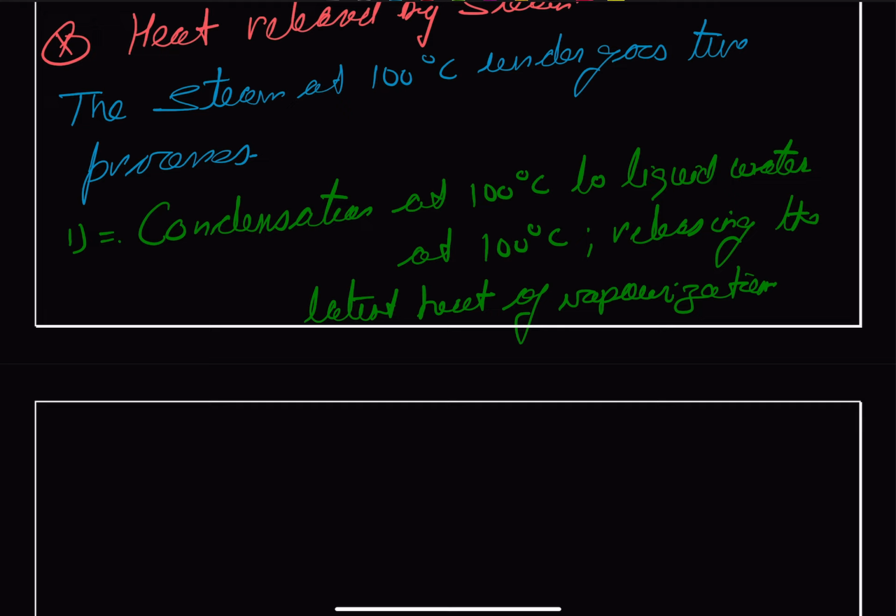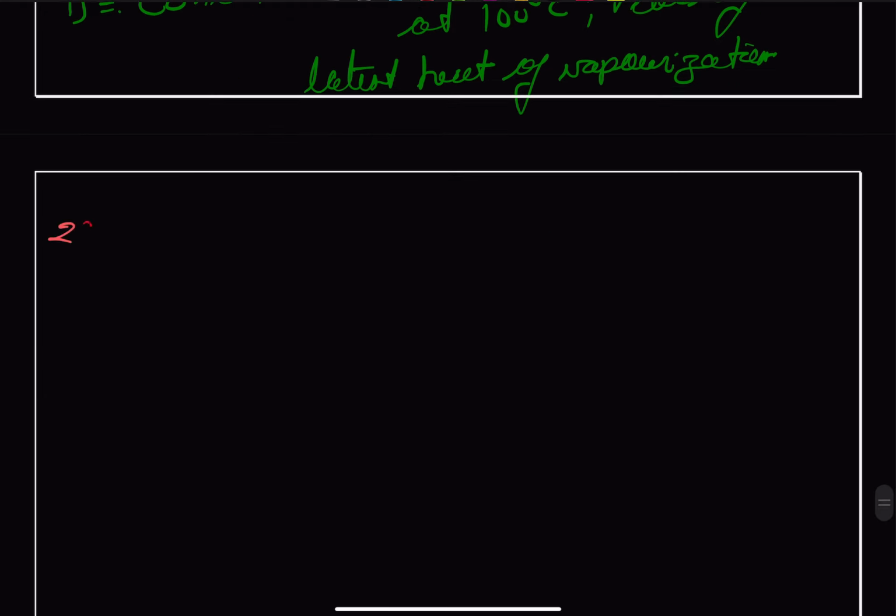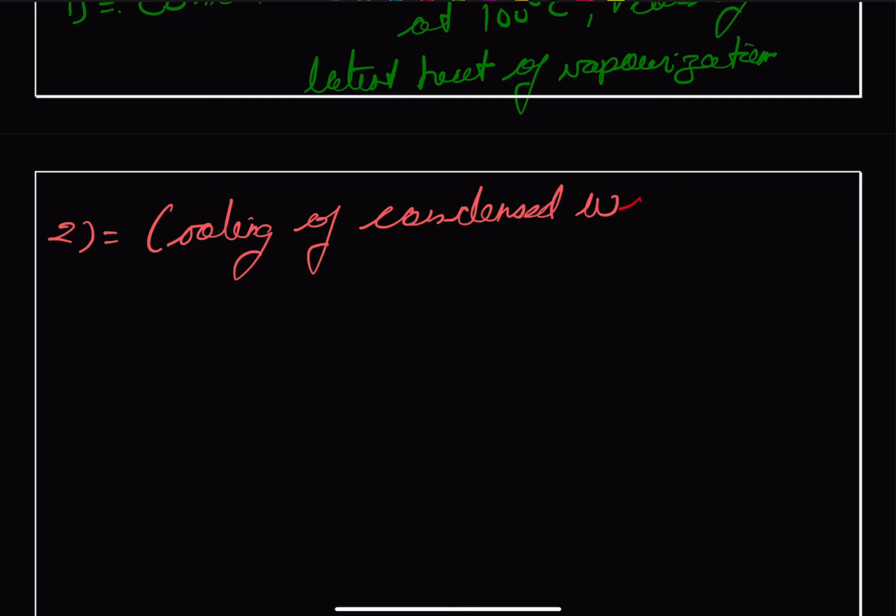And then we are going to have the second process that we call cooling: cooling of condensed water from 100 degrees centigrade to 90 degrees centigrade.